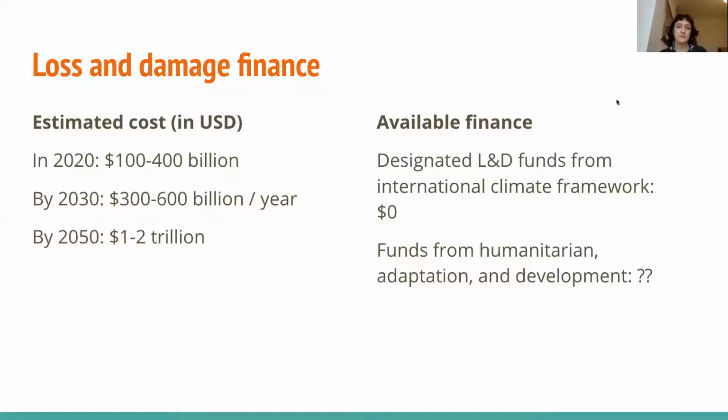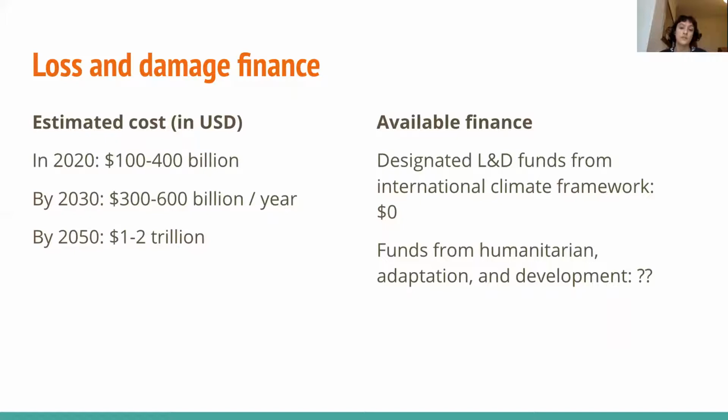And in terms of loss and damage finance, what is available? And what is the cost? The estimated cost of loss and damage in 2020 was between 100 billion and 400 billion US dollars. By 2030, it's estimated that loss and damage will cost 300 to 600 billion dollars per year.